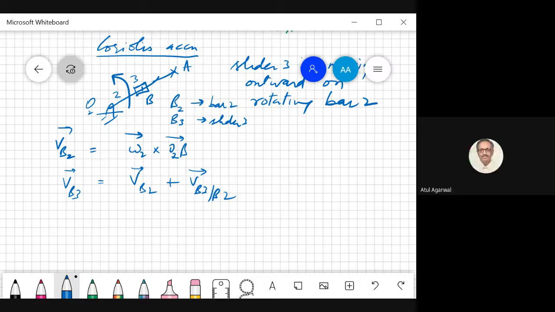Now if you want to draw the velocity diagram, first the pole of the drawing, then velocity of point B2 has to be perpendicular to this line. This is velocity of B2. Now what is the relative velocity of B3 with respect to B2 along the bar? This will be given to you as data.